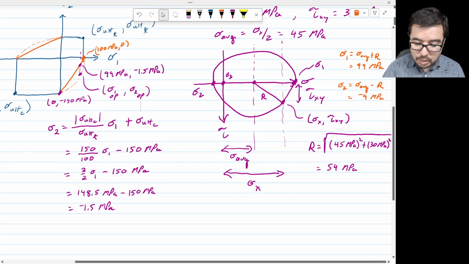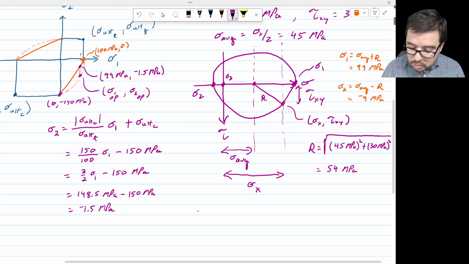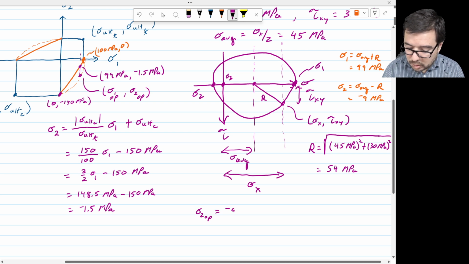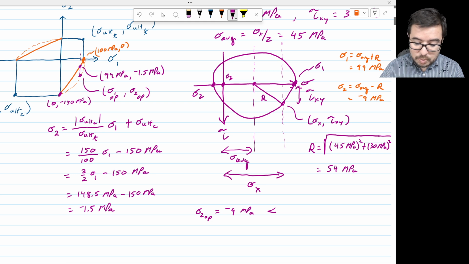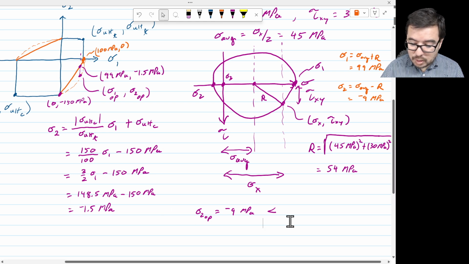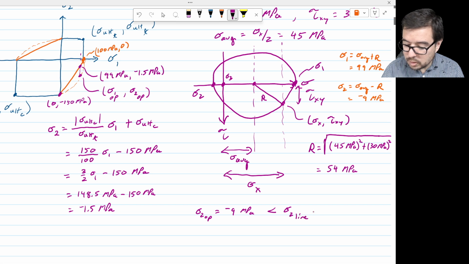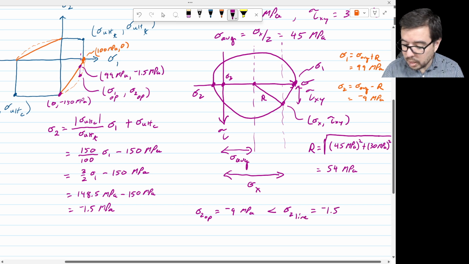So we can say that sigma 2 op equal to minus 9 megapascals is outside of the minus 1.5 megapascals. So we could see that's going to be maybe sigma 2 line, we'll call it, which was the minus 1.5 megapascals, just like that.